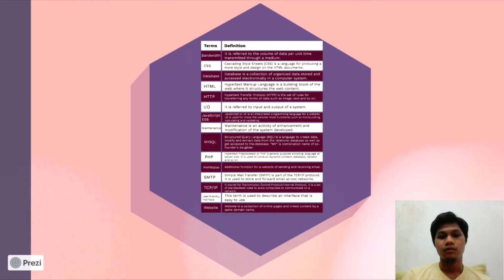Next is maintenance. Maintenance is the activity of enhancement and modification of the system developed if needed. Next is MySQL. MySQL is a language to create data or modify data and extract data from the relational database. PHP. PHP is a programming language mainly used for server side. And PHP mailer. PHP mailer is a function of a website for receiving and sending an email.